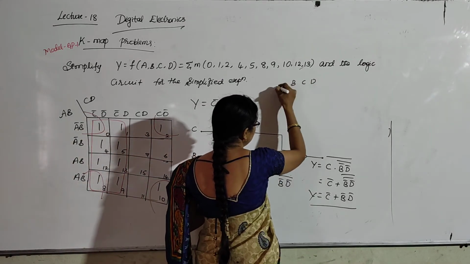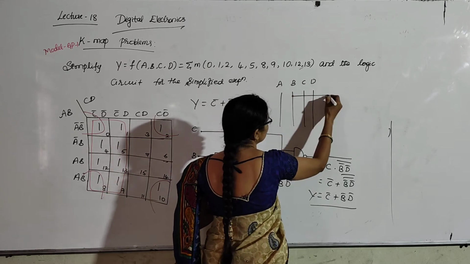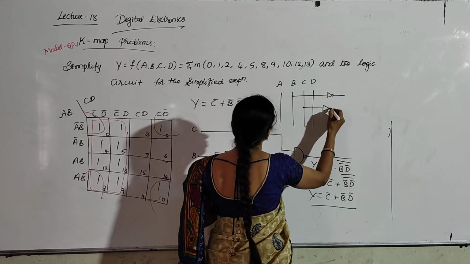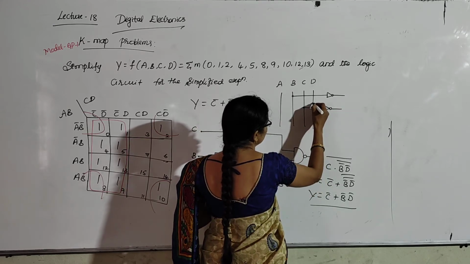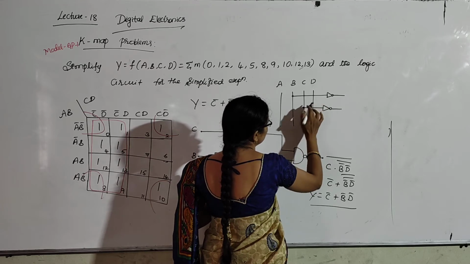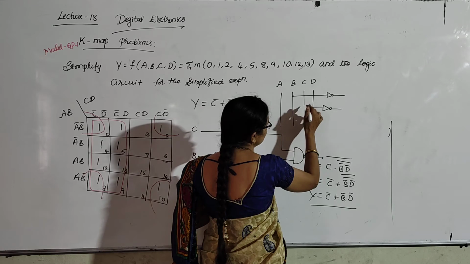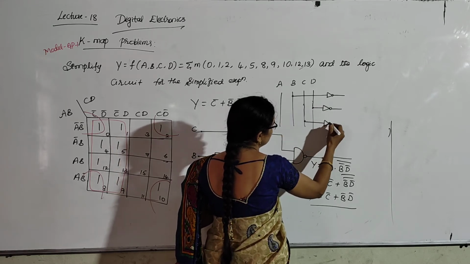B, C, D, B bar, C bar, D bar it is, and C bar I will take here.